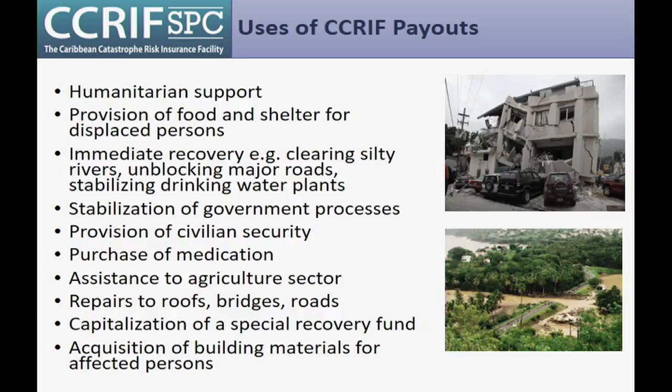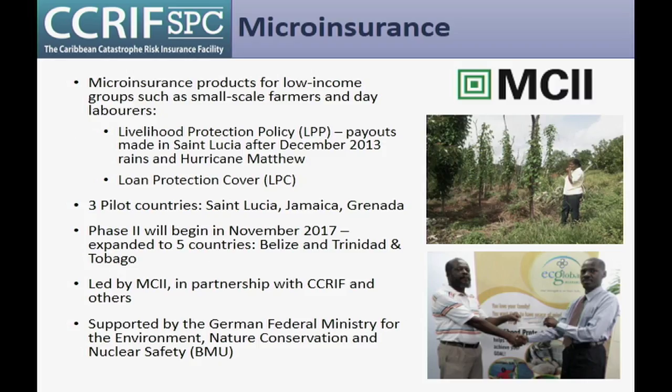The LPP targets individuals, so small farmers, tourism workers, day laborers, any private individual, and it protects their livelihoods against weather events, excess rainfall and wind. And again, it's a parametric product also, so within 2 weeks, persons who have purchased these policies will know whether they're getting a payout or not.